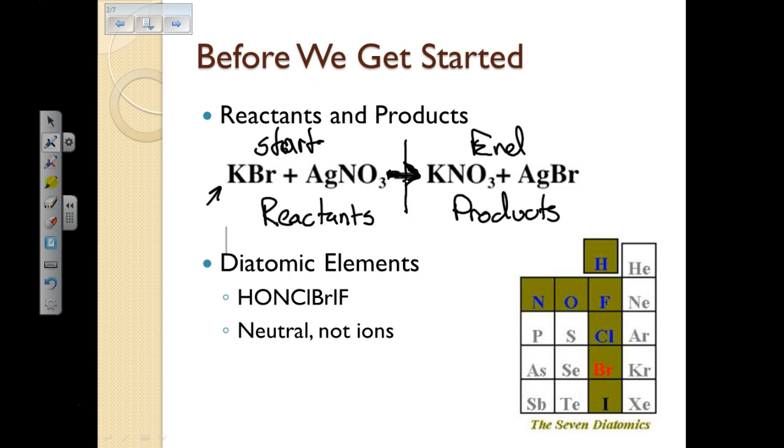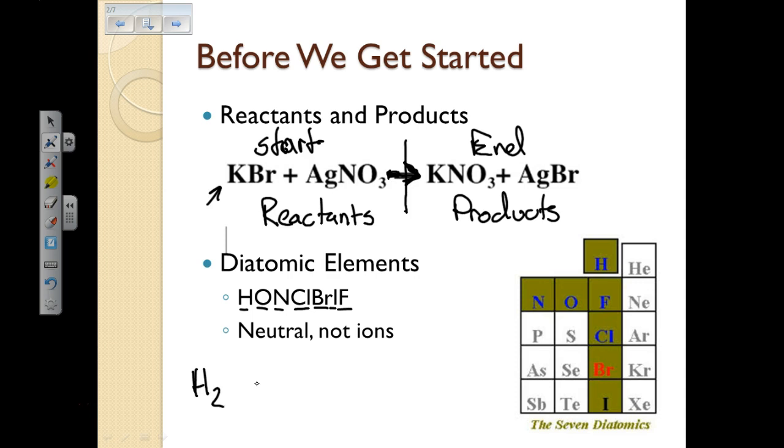Okay. The second thing before we start talking about double replacement reactions that I wanted to mention is the diatomic elements. Okay, the diatomic elements are Honkelbrief. Okay, that's H-O-N-C-L-B-R-I-N-F, and these are how these elements are found in nature. If we have hydrogen gas, H, it's not found in nature as H, but rather H2.